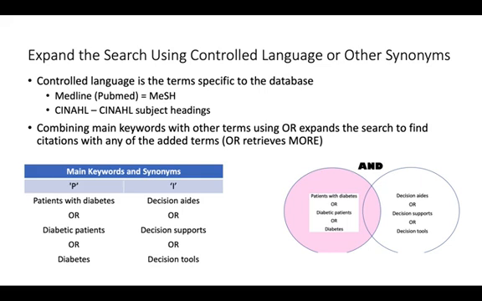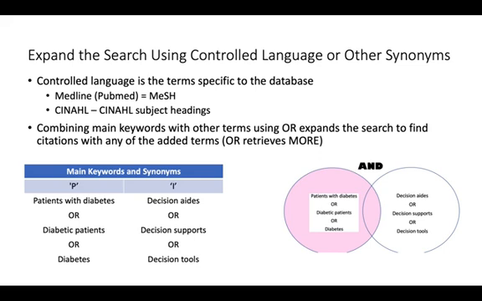The reason we want to use the controlled language of the databases is that in most cases, you will access the literature that you need more readily, more efficiently, because the database is already set up and indexed that way.